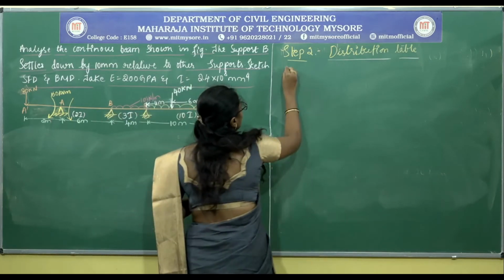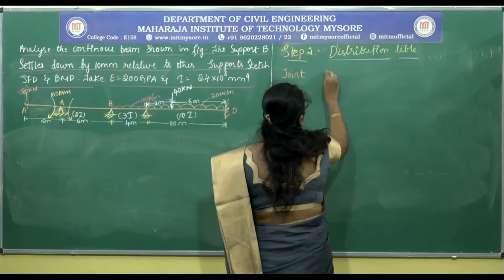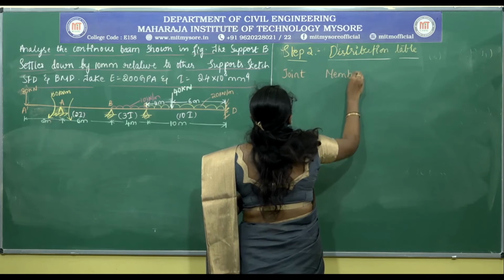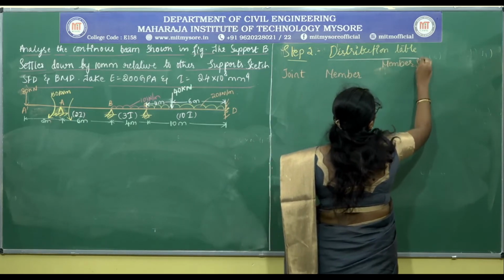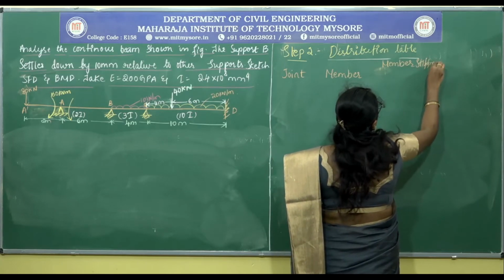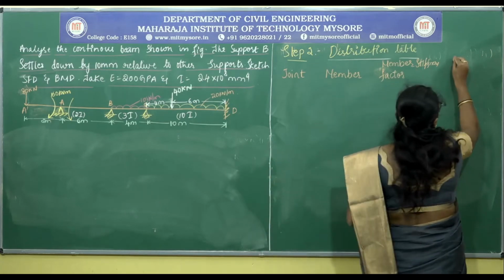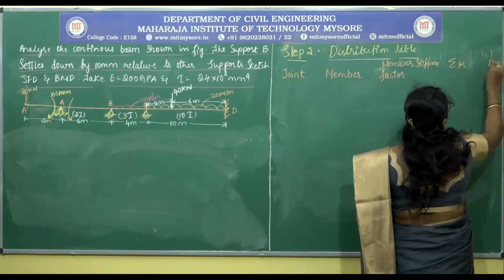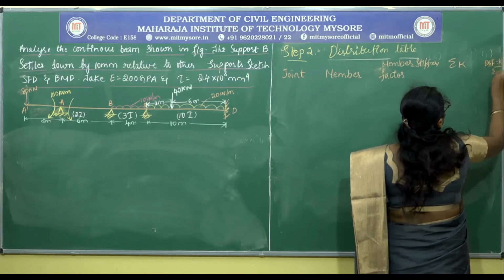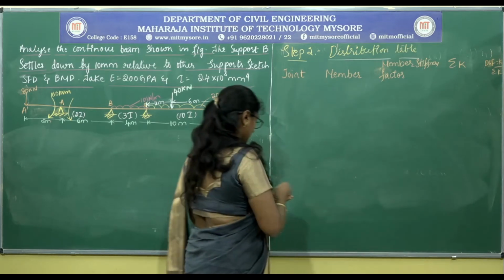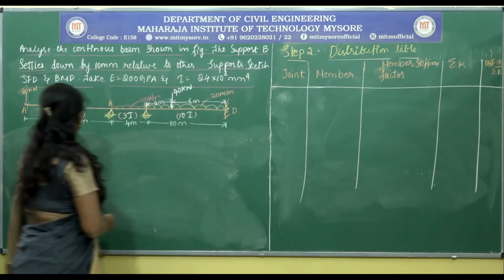For this, consider the joint, member stiffness factor, sigma k, and finally the distribution factor. So for this, let us start from joint A.